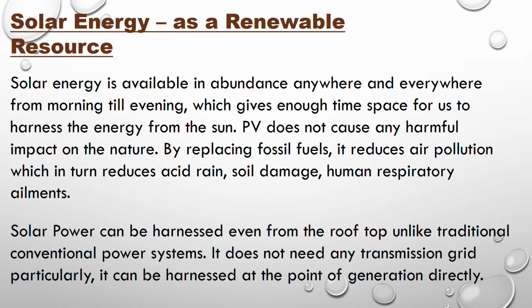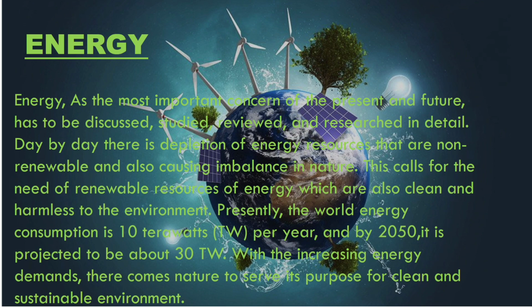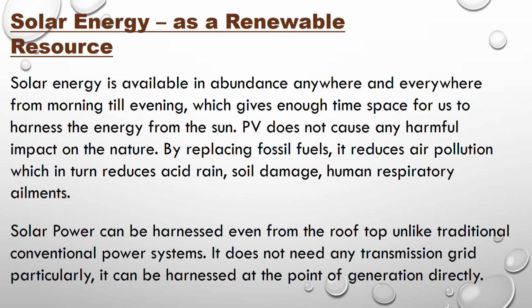As the demand increases, we need to look for energy sources that are both sustainable and renewable, as well as good for nature. So solar energy is one of a kind. As a renewable resource, solar energy is available in abundance anywhere and everywhere from morning till evening, which gives us enough time to harness the energy from the sun.